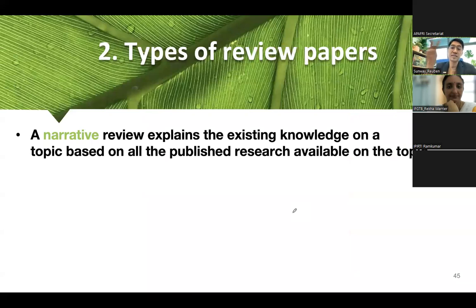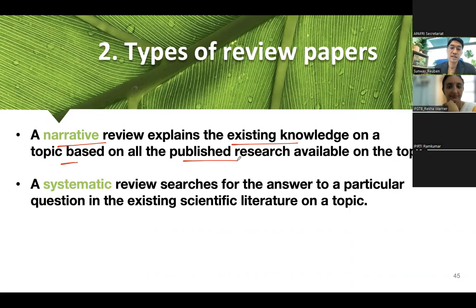All right, so there are three types of review papers actually. The one I've been writing so far is a narrative review, which explains the existing knowledge on the topic based on all the published research out there. There's also a systematic review, which is more in-depth and involves some analysis where you target keyword searches to find answers to a particular topic based on existing scientific literature.